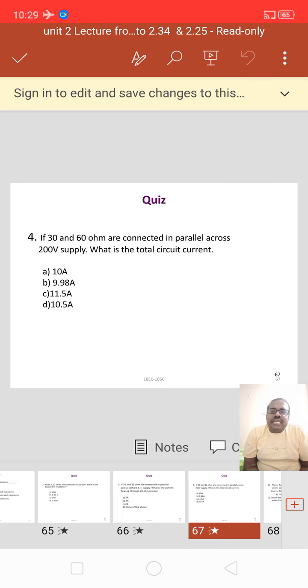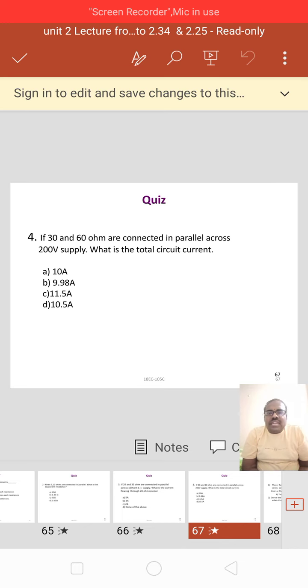First the equivalent resistance: R equal to 30 into 60 by 30 plus 60.